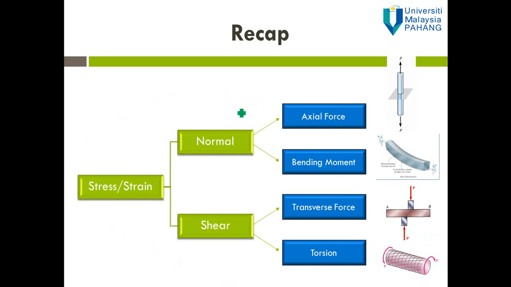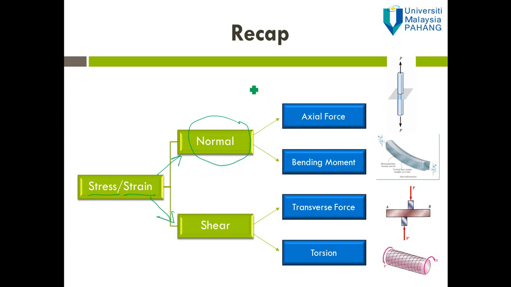What we can see from the diagram is that the stress as well as the strain can be divided into two types. The first one is the normal stress and strain, and the second one is the shear stress and strain. Clearly in this diagram, the normal stress and strain will be developed in the structure when subjected to axial force.